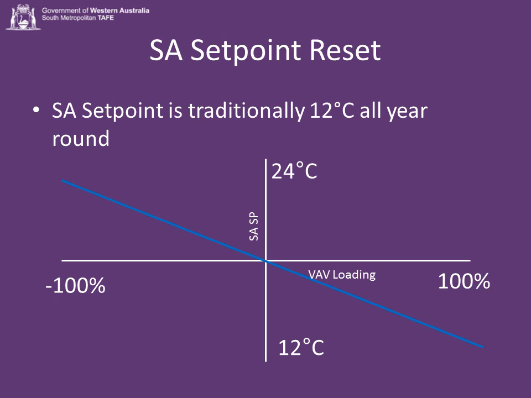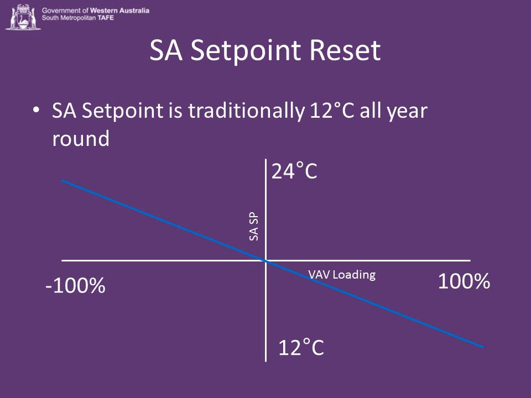And the percentage loading tells us how hard the VAV is trying to cool, 0 to 100, or how hard the VAV is trying to heat, 0 to minus 100. What we should do is, if the VAVs are all trying very, very hard to cool, their percentage loadings are all 100%, then we should send them cold air.